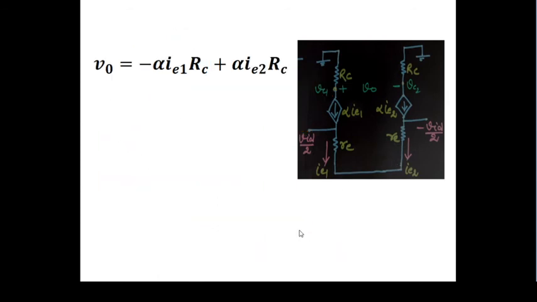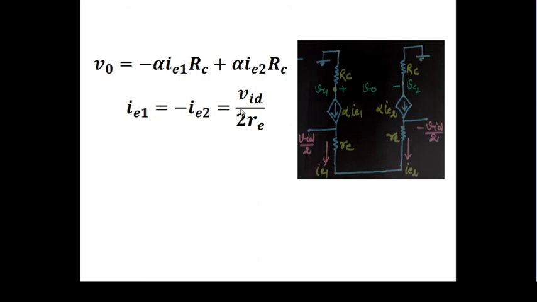This one is grounded. So I1 equals minus I2, equal to VID by twice RE.